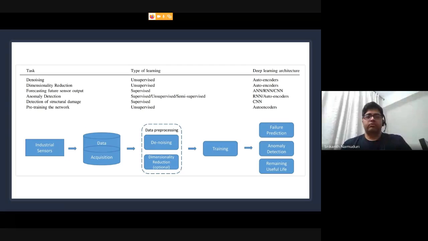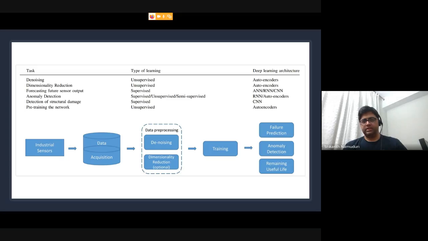And for tasks like forecasting or detection of structural damage, we use supervised learning, and typically CNNs and RNNs, that is convolutional neural networks and recurrent neural networks, are applied more in those cases. Whenever you see the term ANN, it refers to an artificial neural network, which is also typically referred to as a fully connected network.